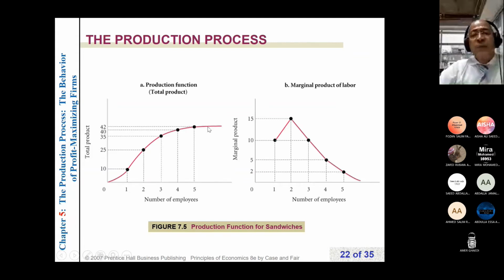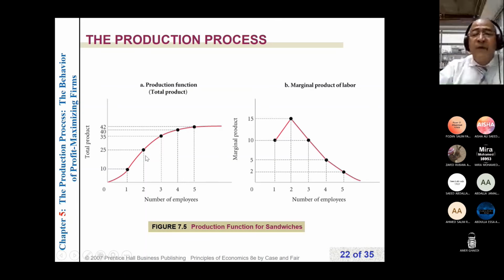this is total product. See here, in the first stage of production, total product increases faster. See the difference: from 0 to 10, it is 10. From 10 to 25, it is 15. So marginal product increases.